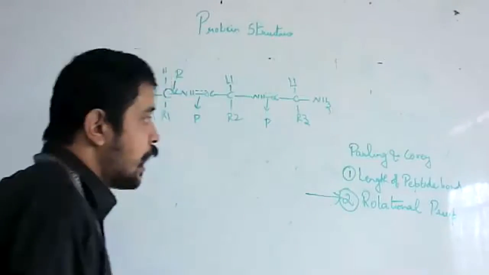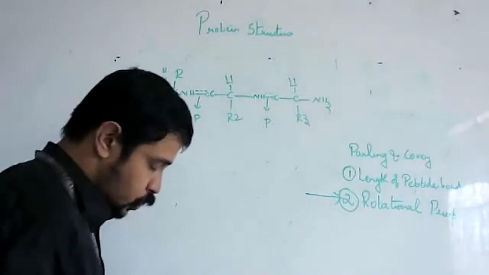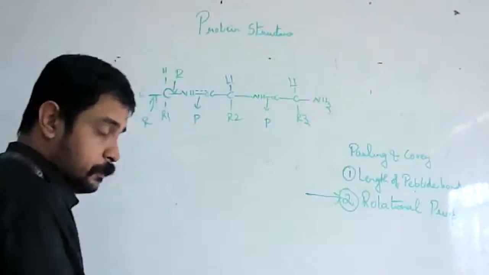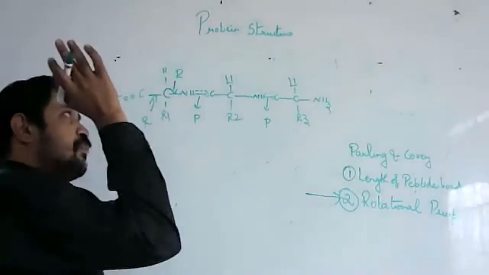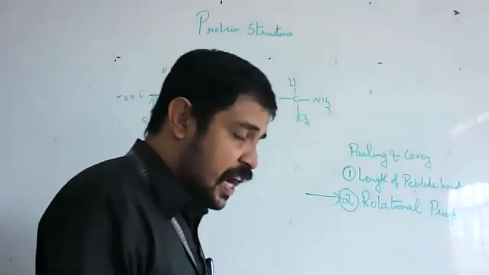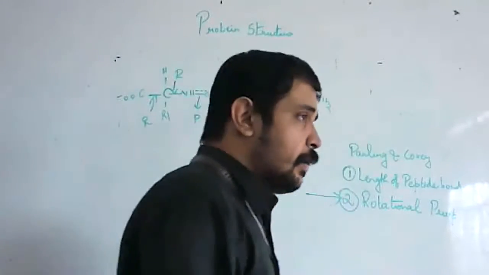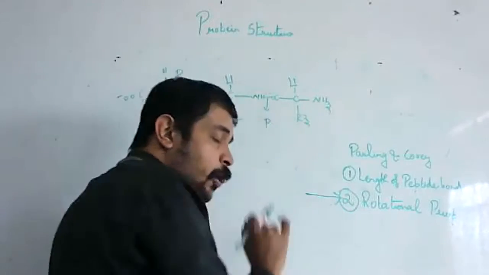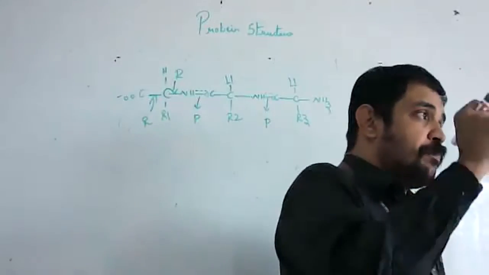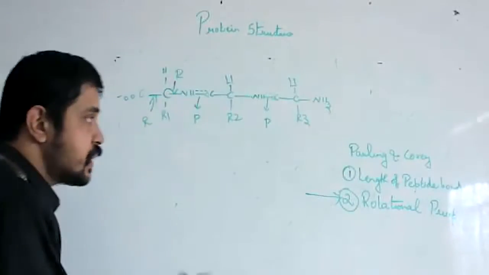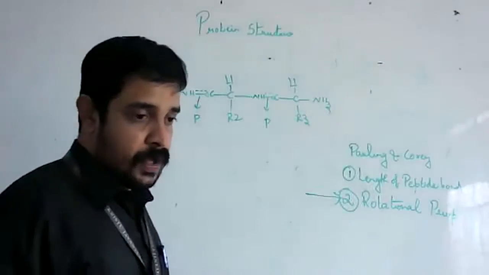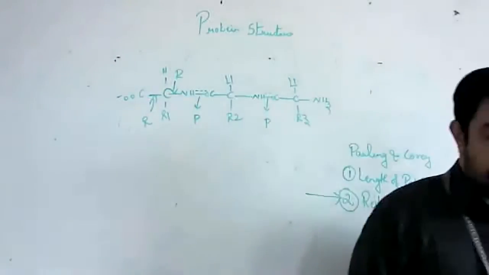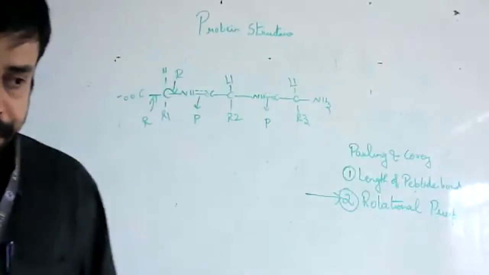I'll tell you the reason behind why the peptide bond is not able to rotate. This is the reason. Because of the lone pair of electrons which is shared by nitrogen, it results in the formation of a partial double bond in the peptide bond, and because of that, it is not able to rotate. So that is the reason behind the peptide bond not being able to rotate.